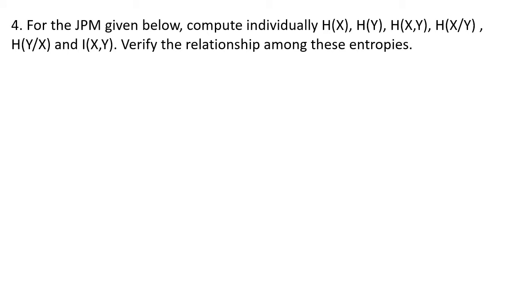For the joint probability matrix given below, compute the individual H of x, H of y, H of x comma y, H of x by y, H of y by x and I of x comma y. Verify the relationship among these entropies. So in this given problem, the joint probability matrix P of x comma y is given as: first row 0.05, 0, 0.2, 0.25.